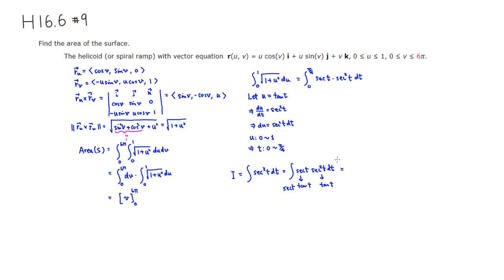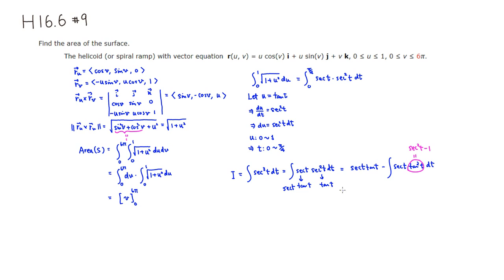So by integration by parts, you have secant t tangent t, minus the integral of secant of t times tangent squared of t dt. Then we can rewrite tangent squared as secant squared of t minus 1.